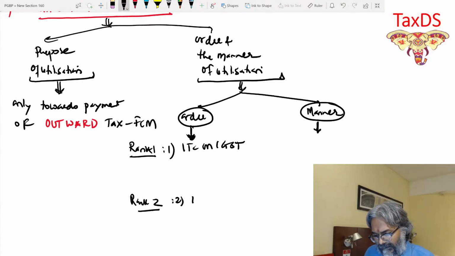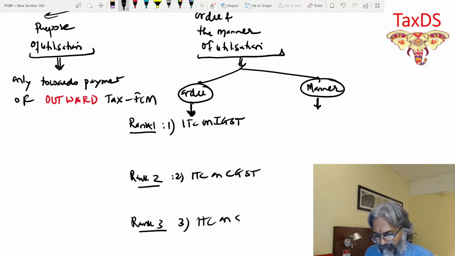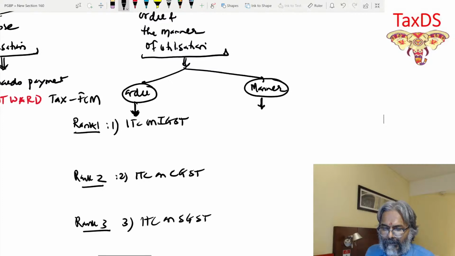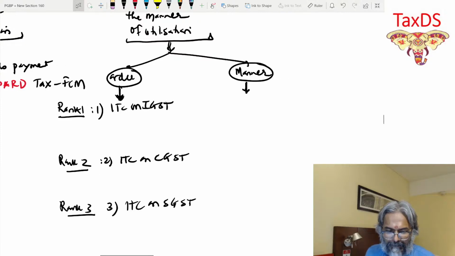The second in the ranking is the ITC on CGST. First is the ITC on IGST, second is the ITC on CGST, and the third one in the order is the ITC on SGST. This is the ranking of the order of utilizing the credit.